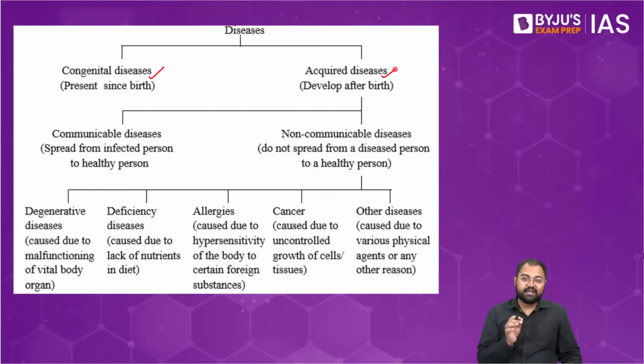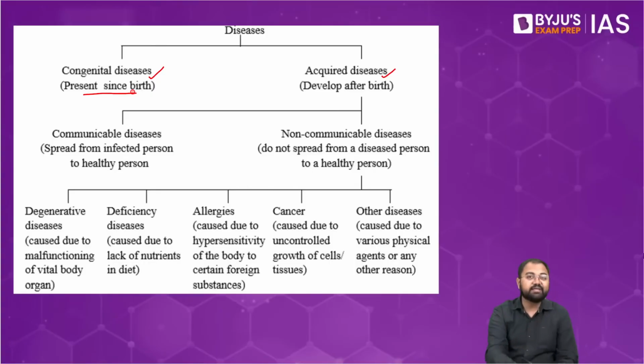Congenital diseases are the ones that are present since birth. The child is born with this disease. So these are called congenital diseases. On the other hand, we have acquired diseases. Acquired diseases are the ones which develop after birth. These can either be communicable or non-communicable diseases.